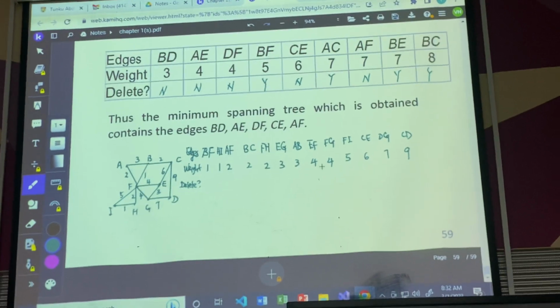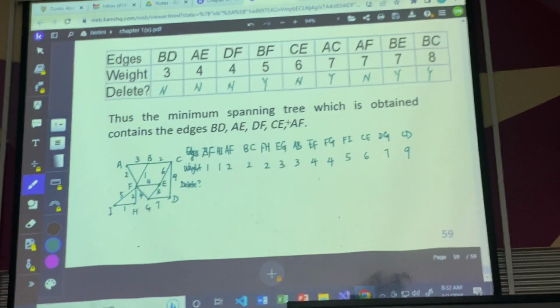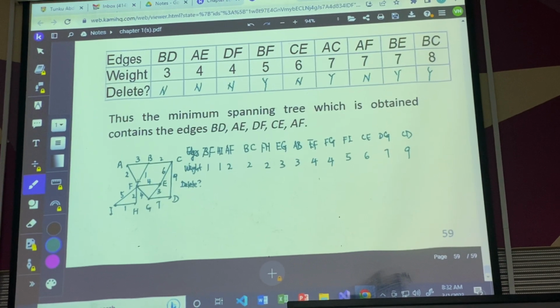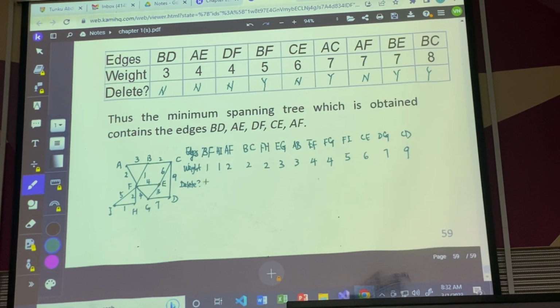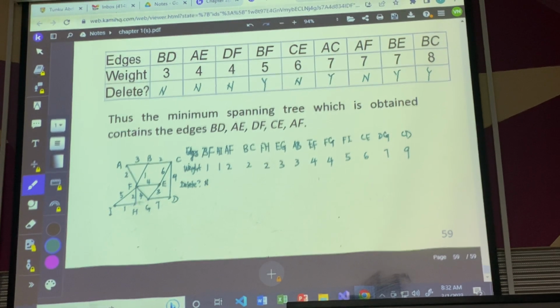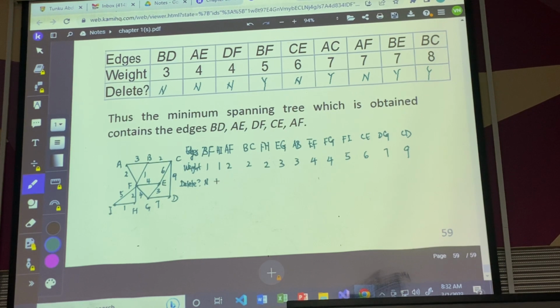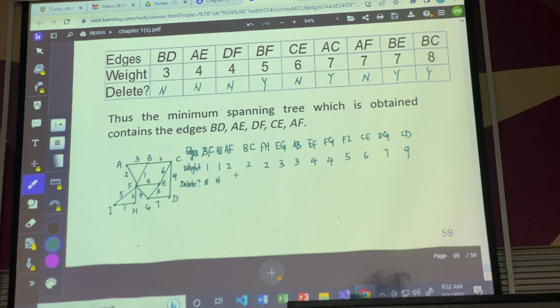Altogether 13, correct? Yes. Okay, so the BF, will we delete this or not? BF? Yes. No, HI? No also. AF? No. BC?